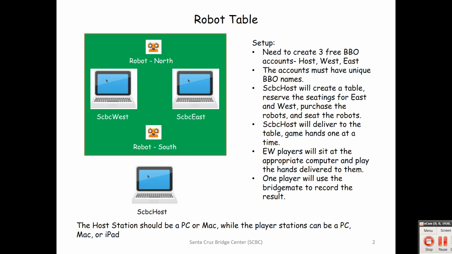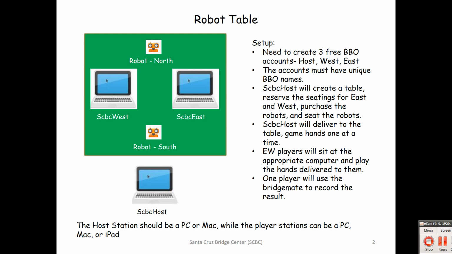Once you have set up the computers, you'll want to get unique BBO accounts for the three players. I use for the robot table the three BBO names SCBC West, East, and Host. They must be unique to BBO. The host controls the game.